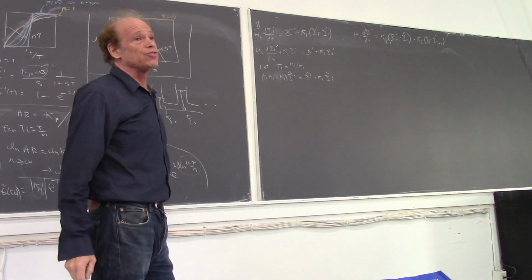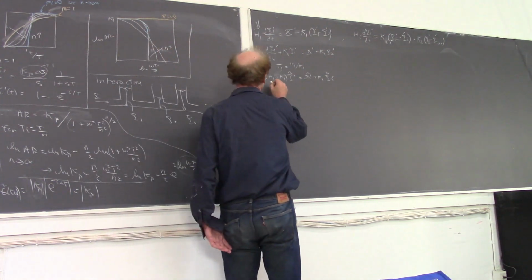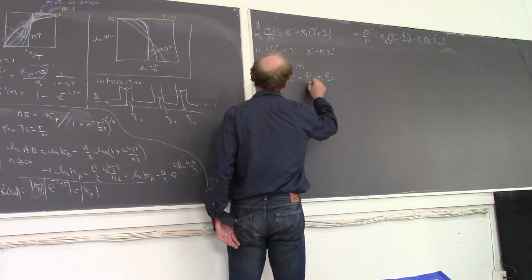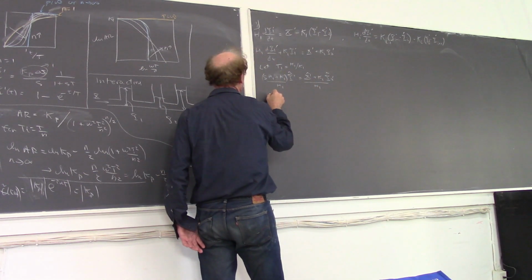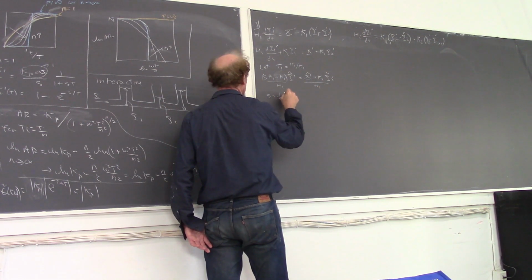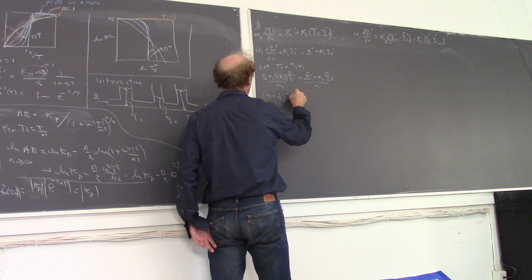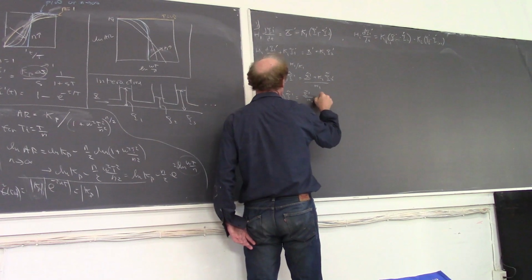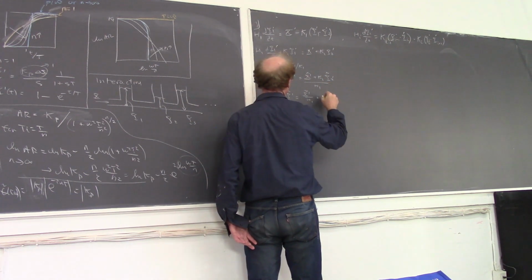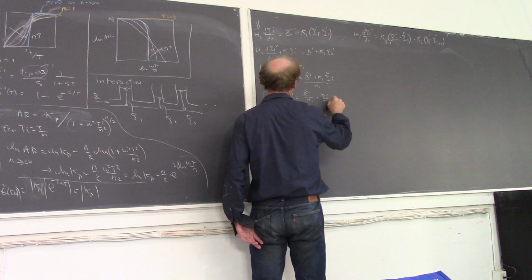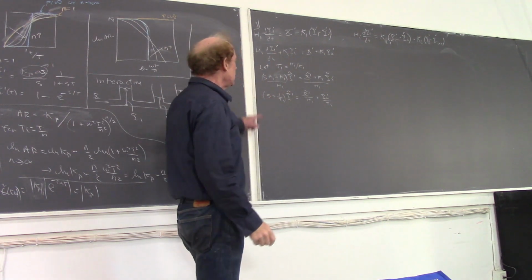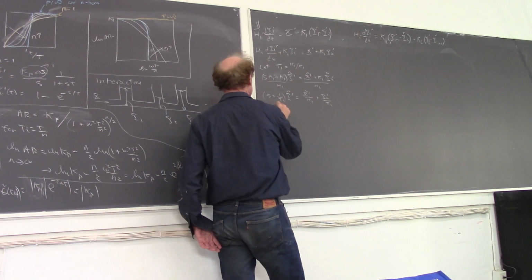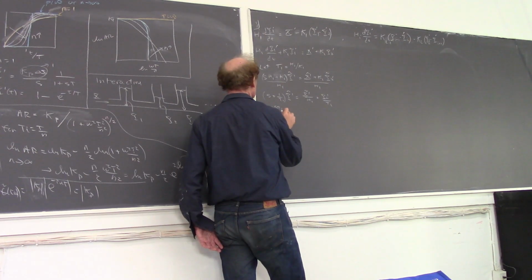And now I'm going to divide both sides by H1. And I have (s plus 1 over T1) Y1 prime tilde is equal to X prime tilde over H1 plus 1 over T1 Y2 prime tilde. And this we know is (1 plus sT1) over T1.